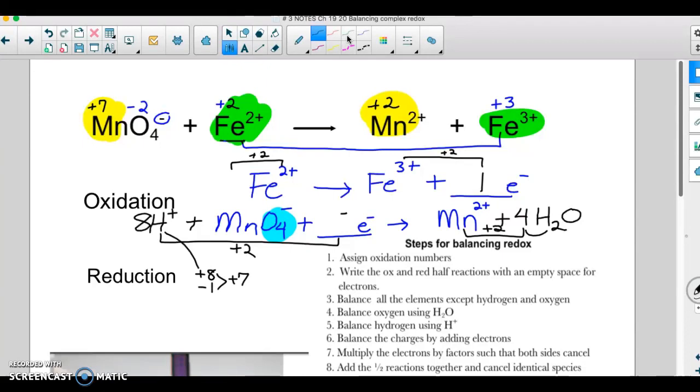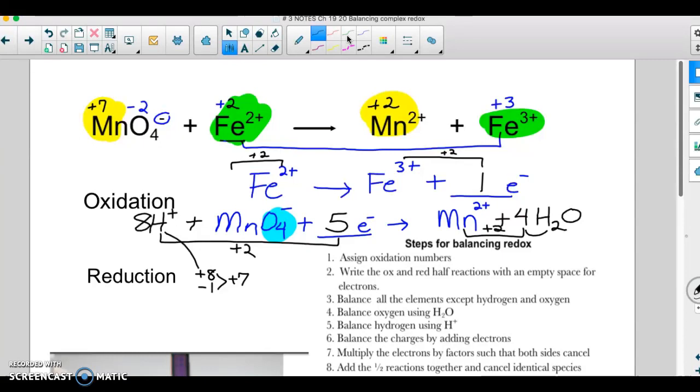So I'm going to add 5 electrons to make it so that the reactant side of this reduction is going to total to the same charge overall as the product side of this reduction. So by adding 5 negatives, here I have 6 negatives. If I add in the permanganate, then +8 from the hydrogens would give me overall a +2 charge.